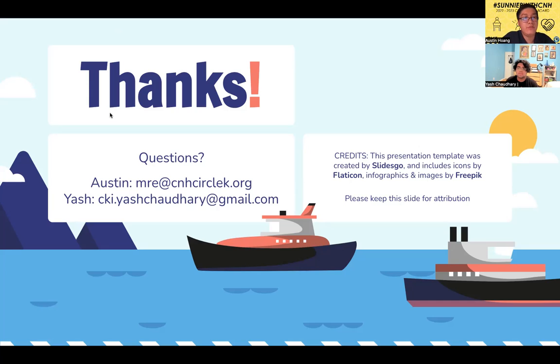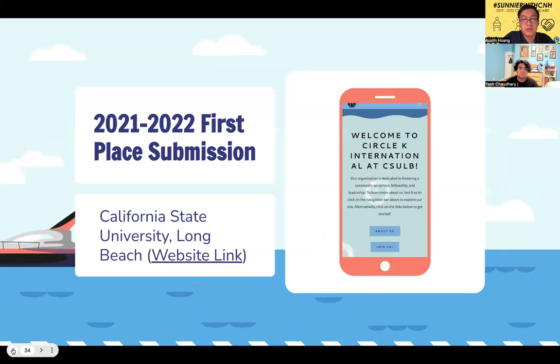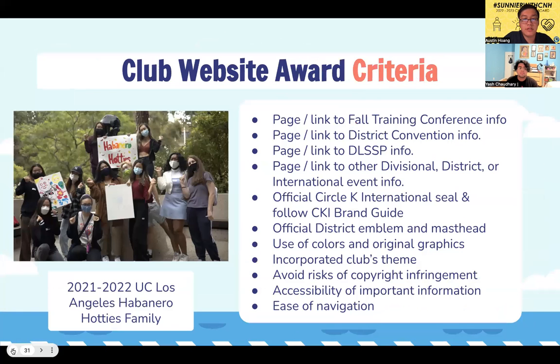So specifically for the CSU Long Beach website, let me go back to the award criteria so you can all remember what I'm trying to reference. As you can see here, part of the criteria is linking to district events. And what CSU Long Beach did was they made a separate page for these district events.